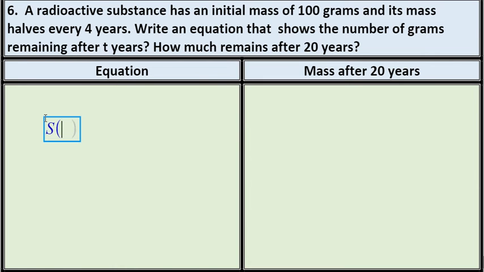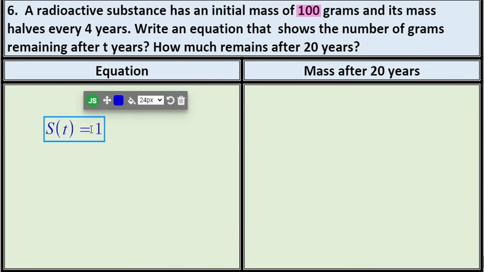And S in terms of time t equals the initial value. How much of this did we start with? We started with 100 grams. So no matter what happens, in the beginning, there were 100 grams of this substance.